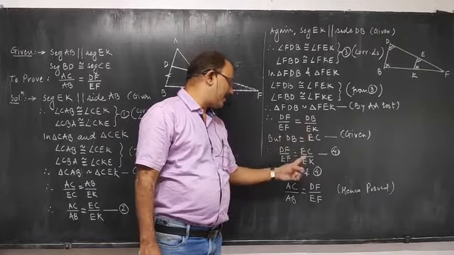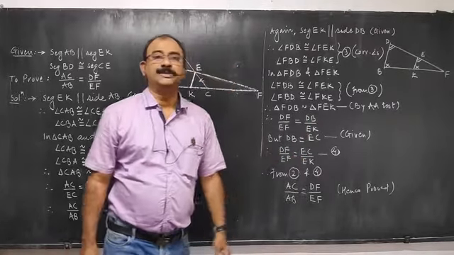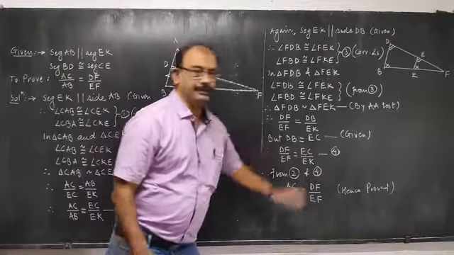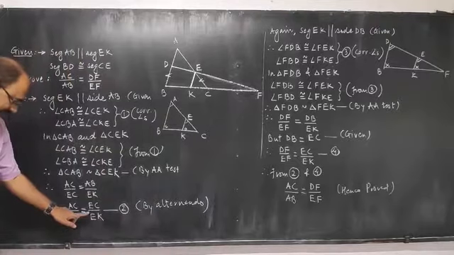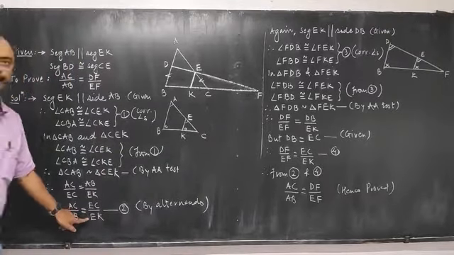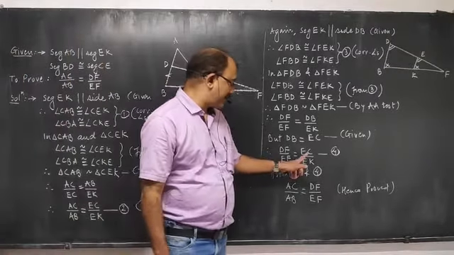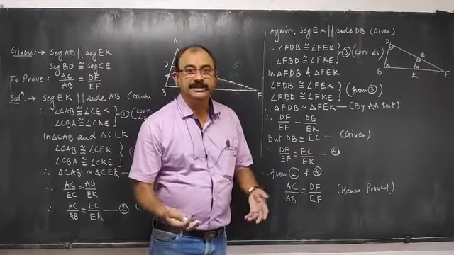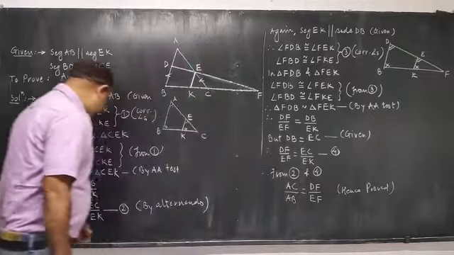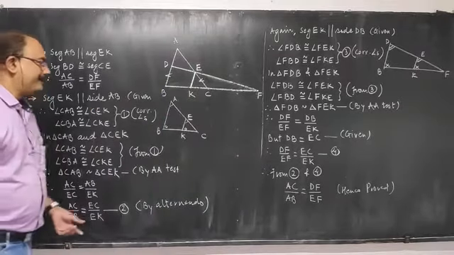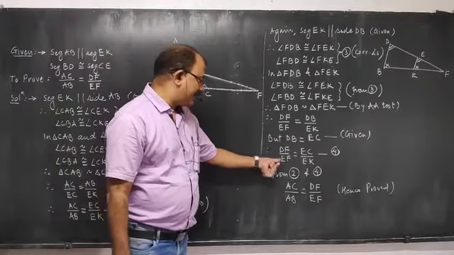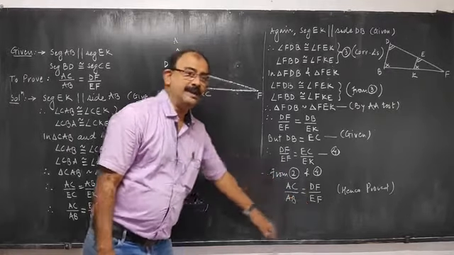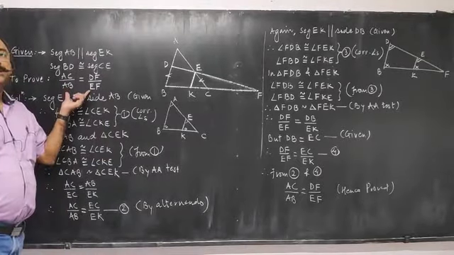Now let us observe equation number 2 and equation number 4. What is the right hand side of equation 2? EC upon EK. What is the right hand side of equation number 4? EC upon EK. So the right hand sides are same. That means the left hand sides are also same. So AC upon CB is equal to DF upon EF, and that is what is the required result.